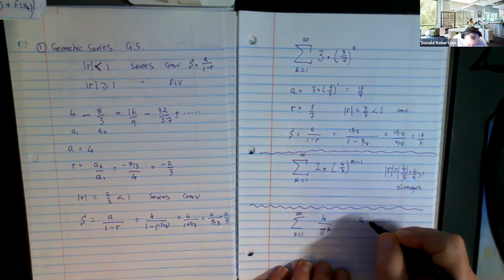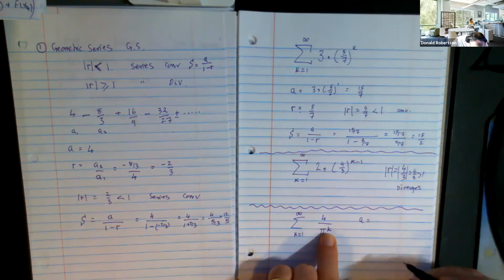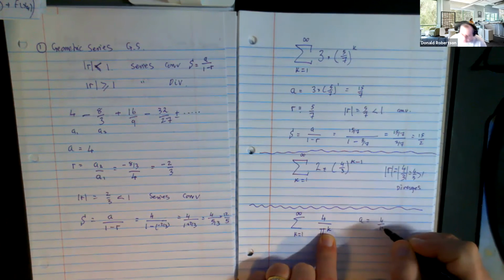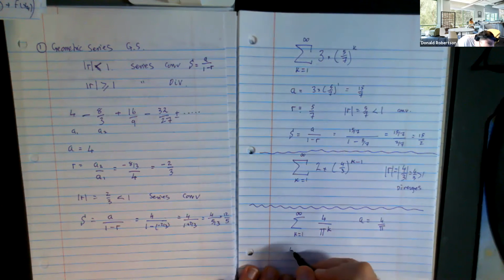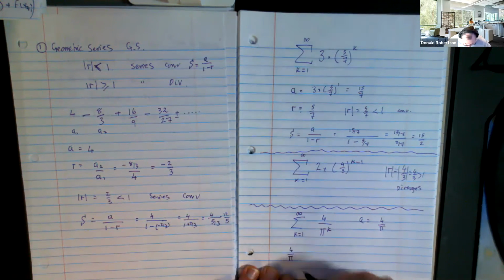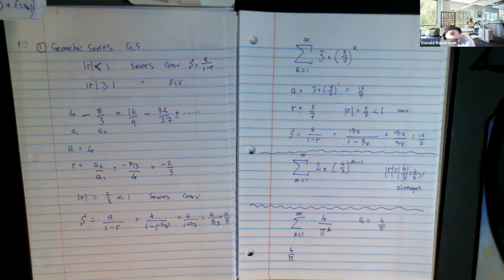Now, to get A, won't you just plug k equals 1 in, which ends up being that. So far, so good. Now, how am I going to get the R? Well, I'm going to do something we haven't done in another question.